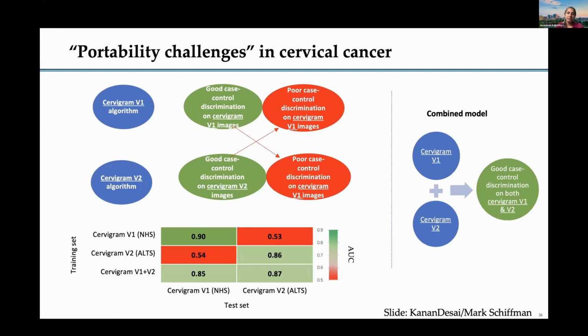Here's data from the cervical cancer screening question, the automated visual examination. This was a network that was trained with data from one device. On the diagonals, you can see when you train and test on the same device, the performance is excellent. But when you train on one device and test on another device, the performance is barely better than random.